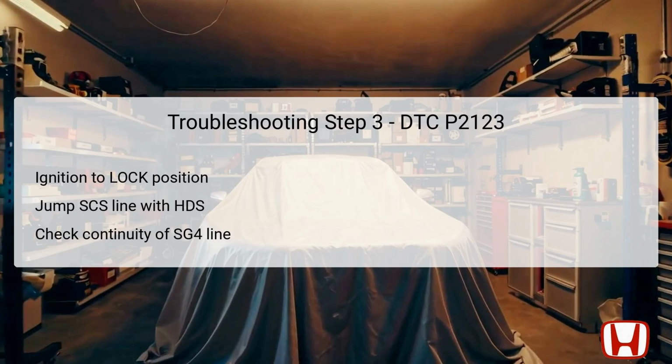With this jumper wire setup, check for continuity between the specified test points. You will be assessing the connection from the ECM connector A49P, number 46, colored blue, which corresponds to the SG4 wire. If continuity is present, the SG4 wire is functioning correctly, and you should consider updating the ECM software or substituting the ECM.